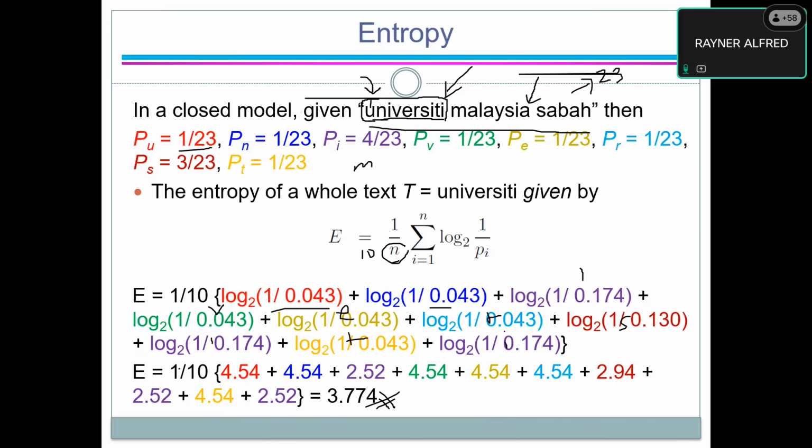So we have 10 symbols here, and when we compute, this is how much information we get.